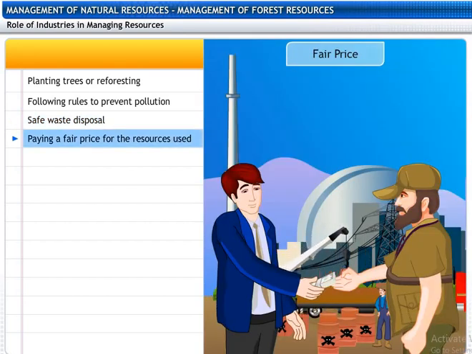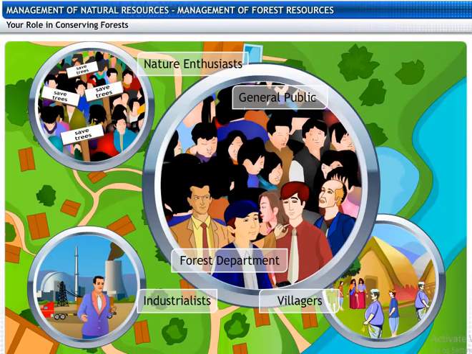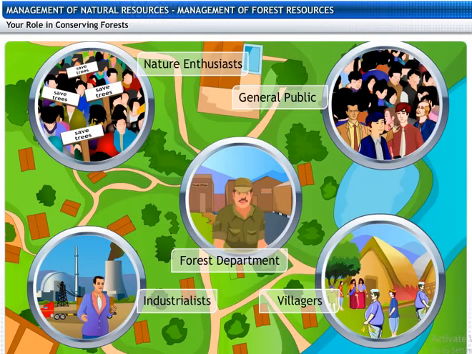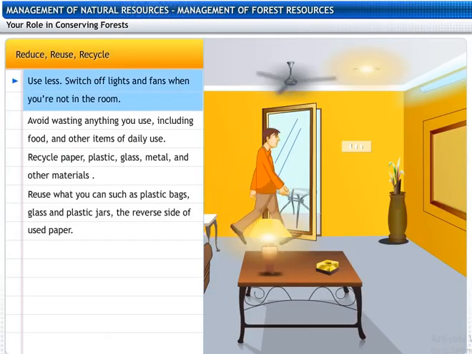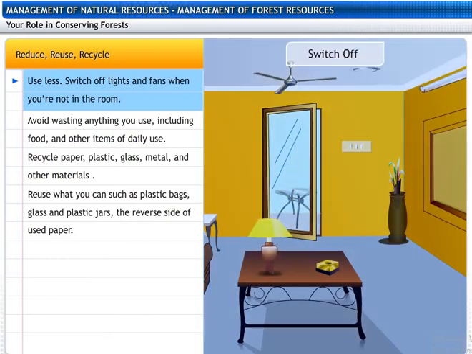Even you as an individual are a stakeholder in conserving our forests. There are a lot of things you can do to help conserve our resources. You must have heard of the 3 R's: reduce, reuse, and recycle. Use less. Switch off lights and fans when you're not in the room.